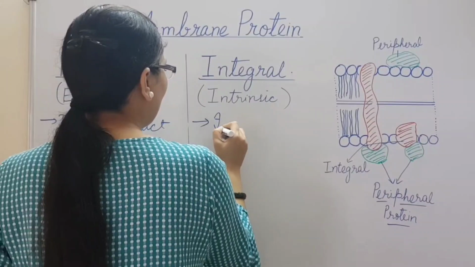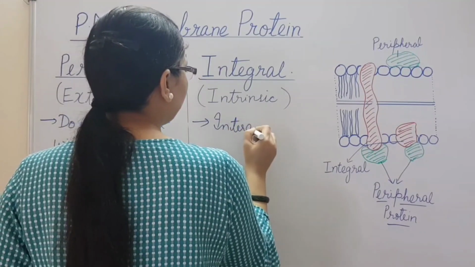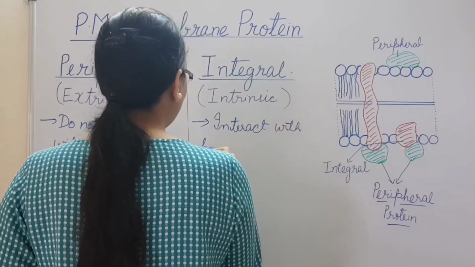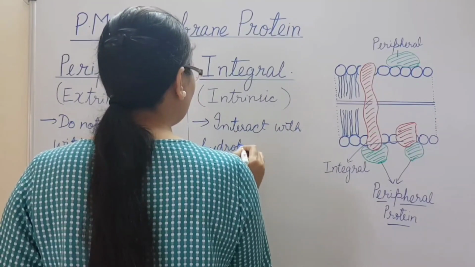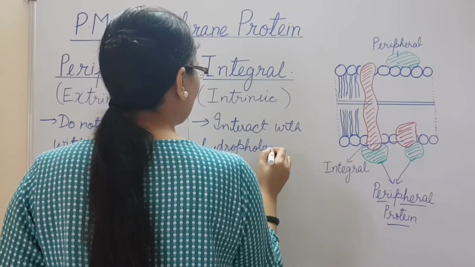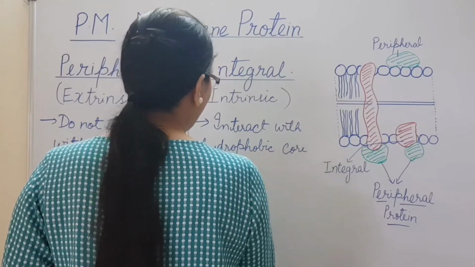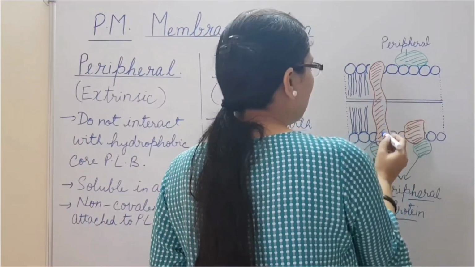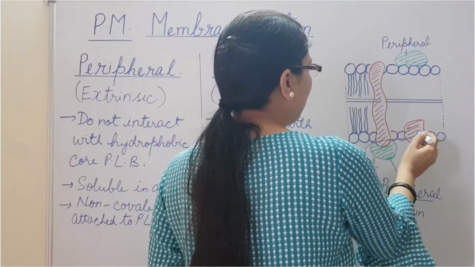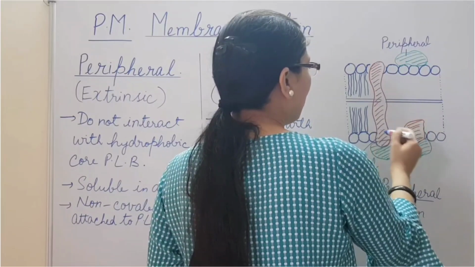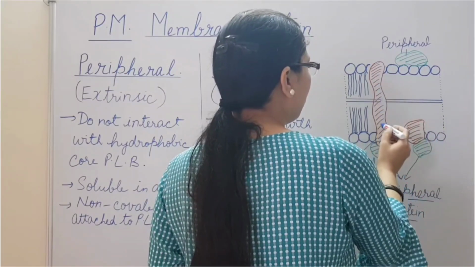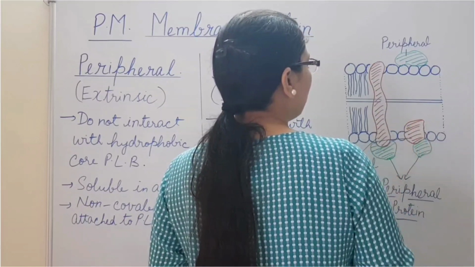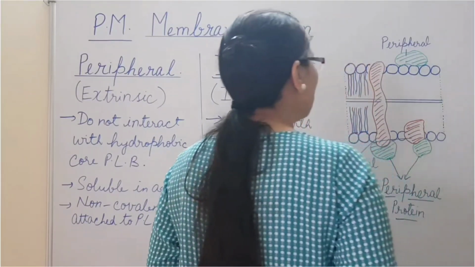Integral proteins interact with the hydrophobic core of the phospholipid bilayer. Here we can see that these two are integral proteins which interact with the hydrophobic region, because some of their portions are embedded in the phospholipid bilayer and hence they interact with the hydrophobic region of the phospholipid bilayer.